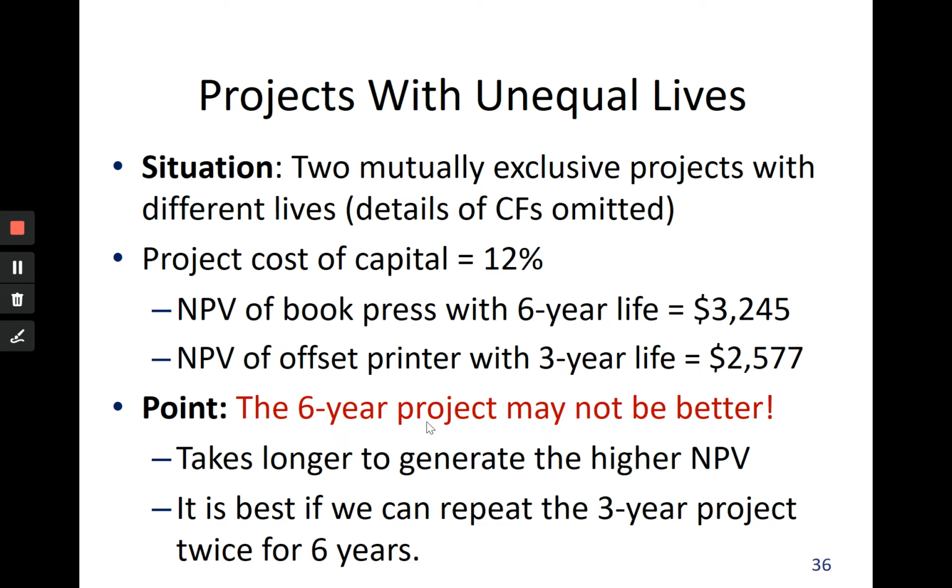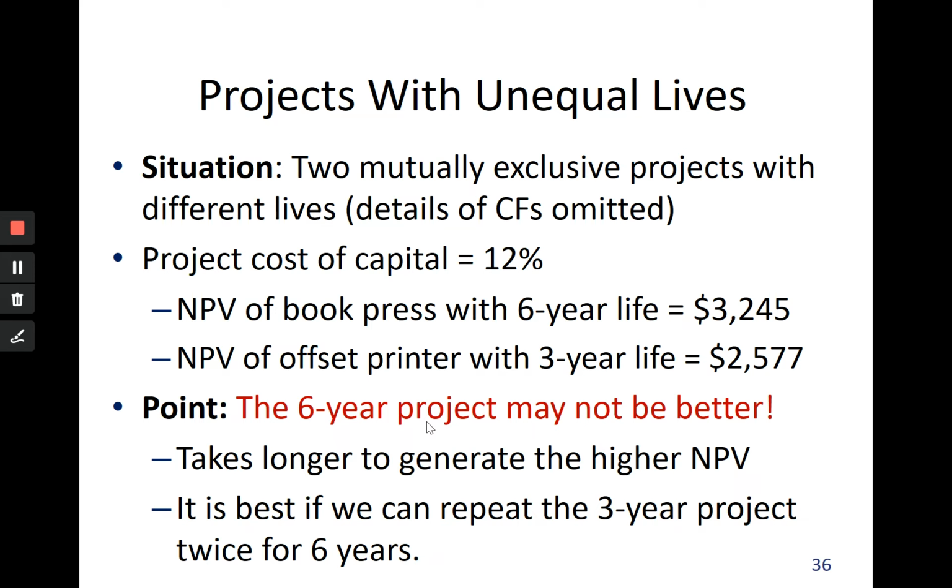Imagine that we have two mutually exclusive projects with different lives. No cash flows are given here, and project cost of capital is 12%.